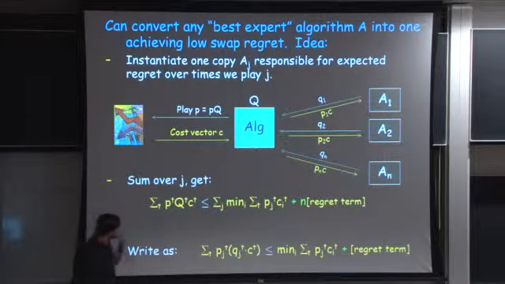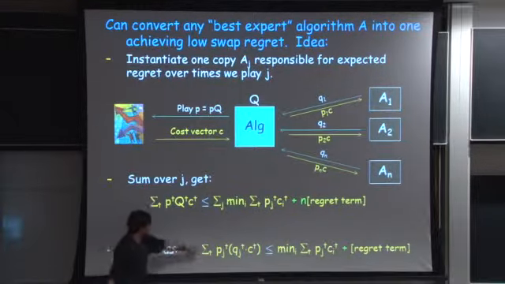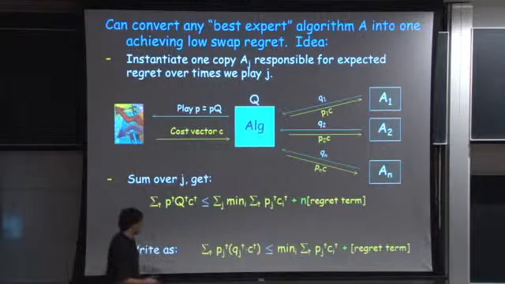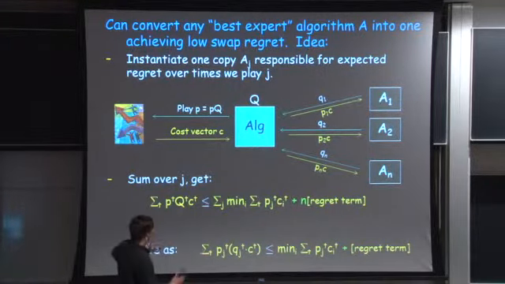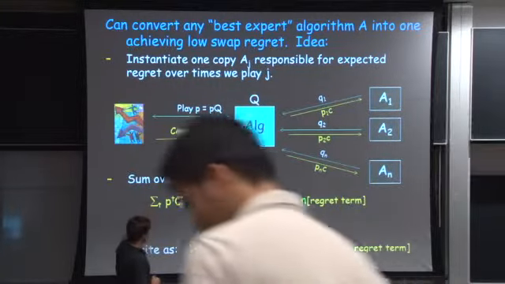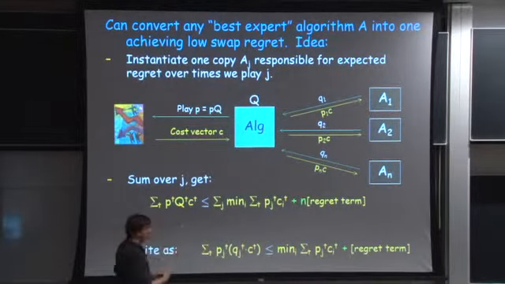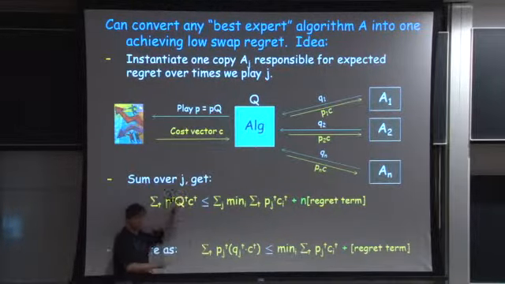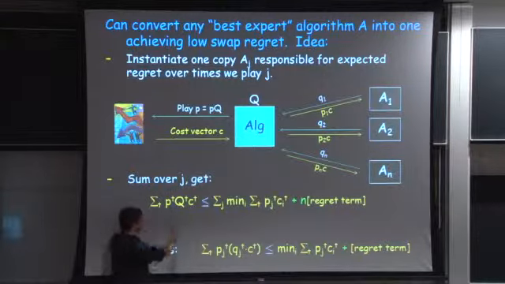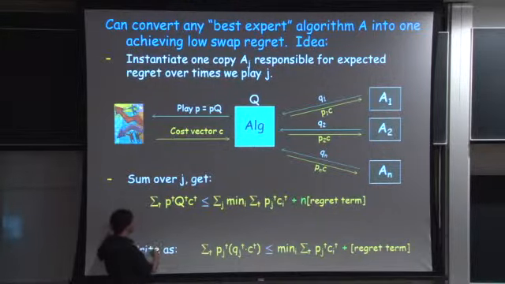What you get is, if I add up these guys here, it's P1 times Q1 dot C plus P2 times Q2 dot C. Add them all up, you get P vector times Q matrix times C column vector, because that's just P1 times Q1 dot C plus P2 times Q2.